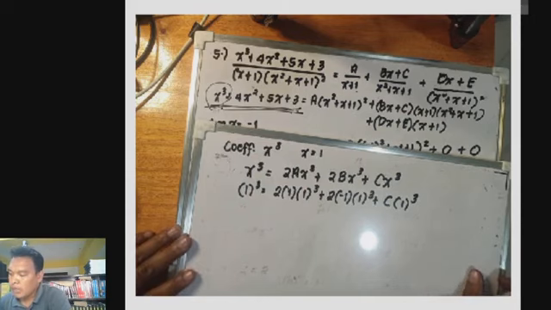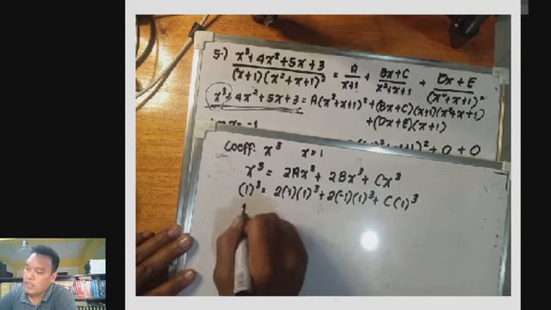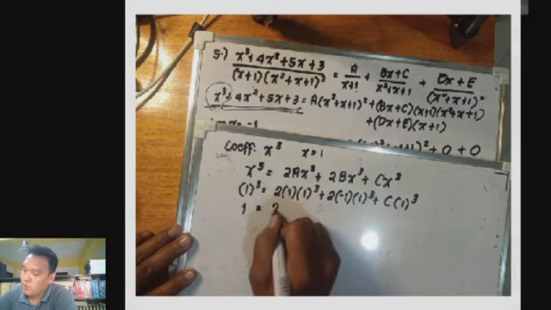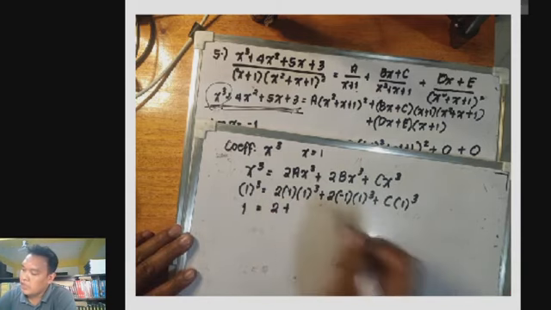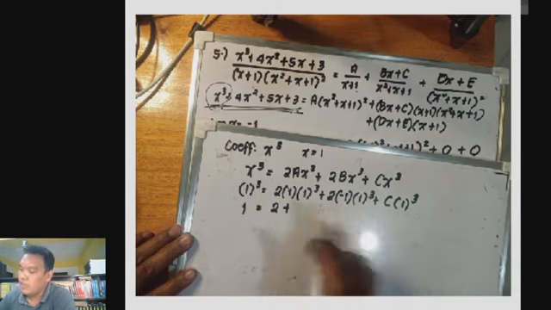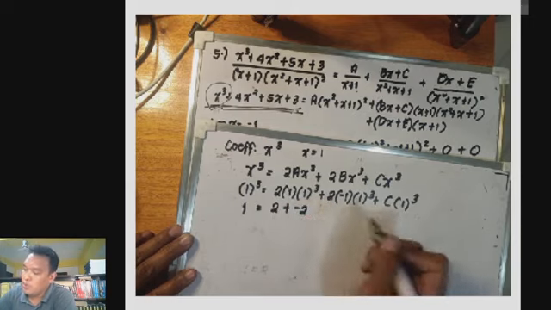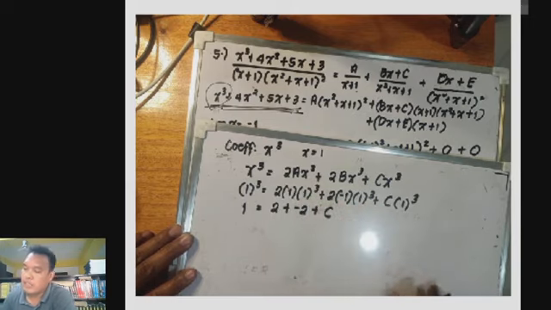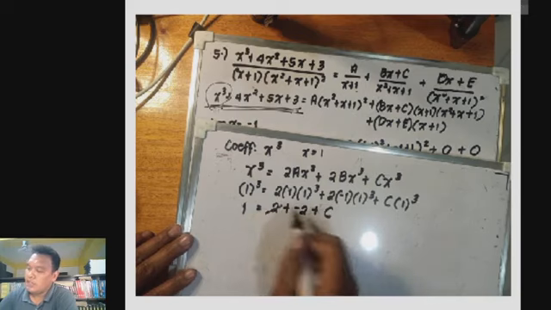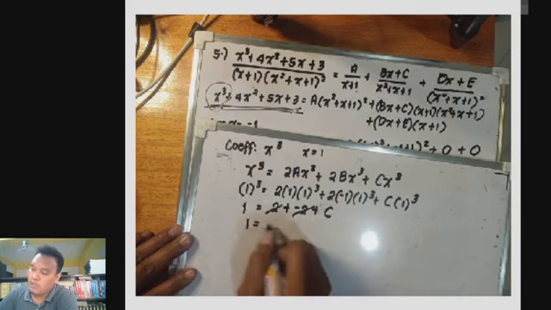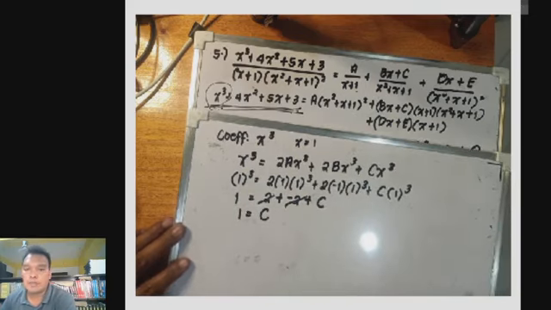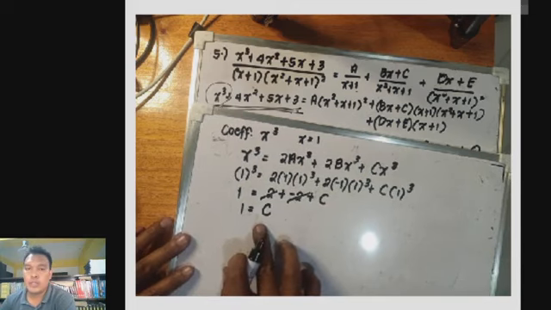Therefore, the value will be 1 is equivalent kay 2 plus dito ay lalabas ay negative 2 plus c. Therefore, cancel na to, mas 0 yan. 1 is equivalent kay c. Therefore, the value of c is 1.